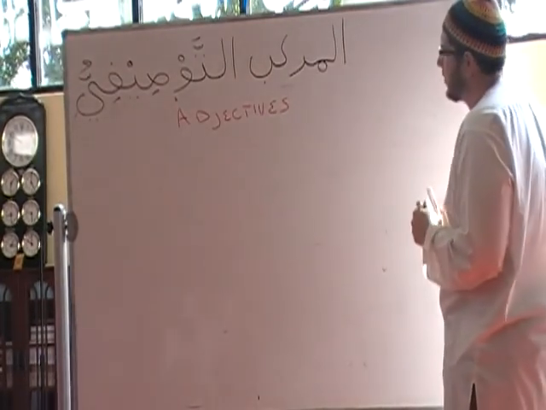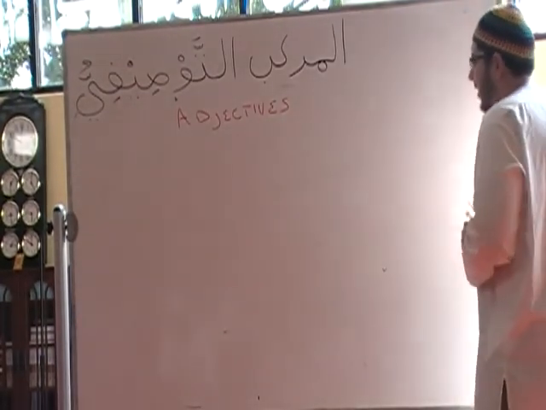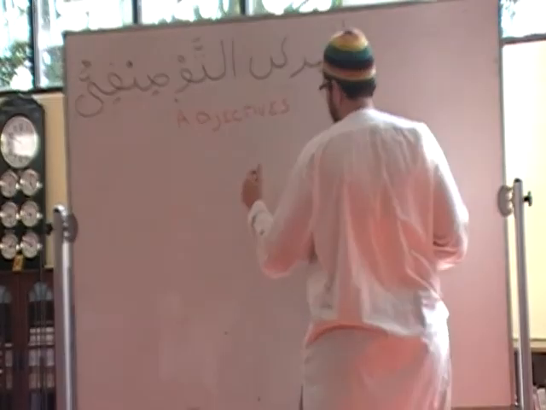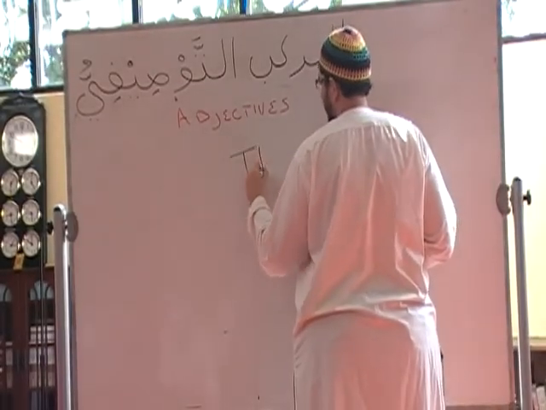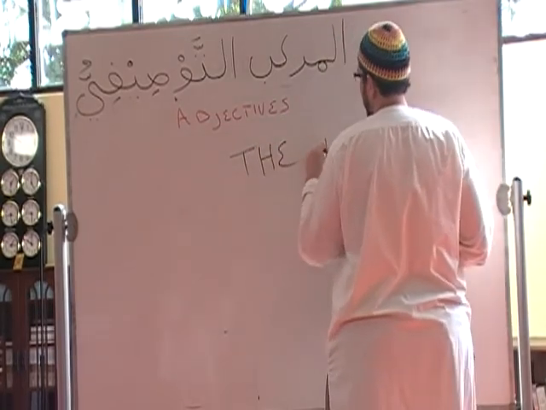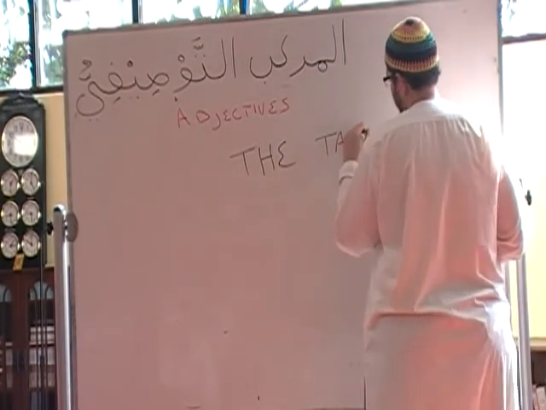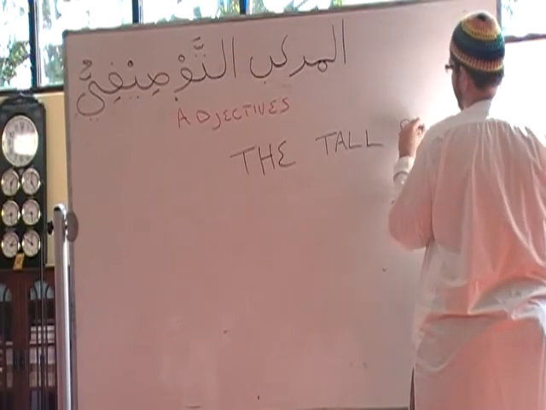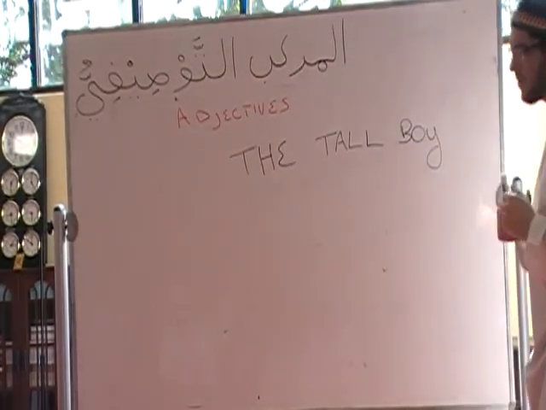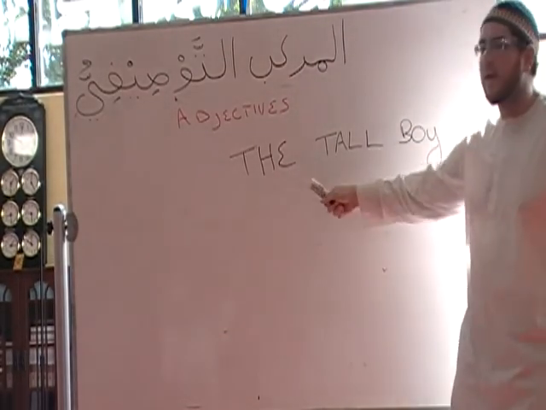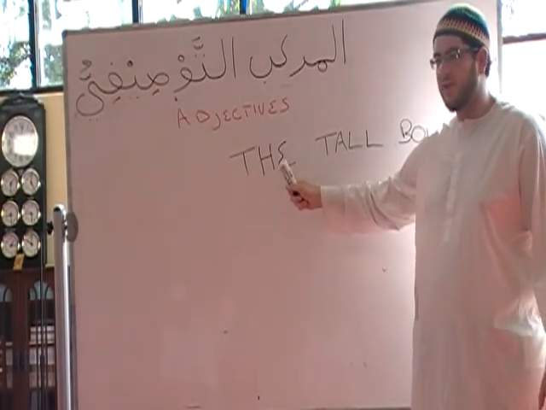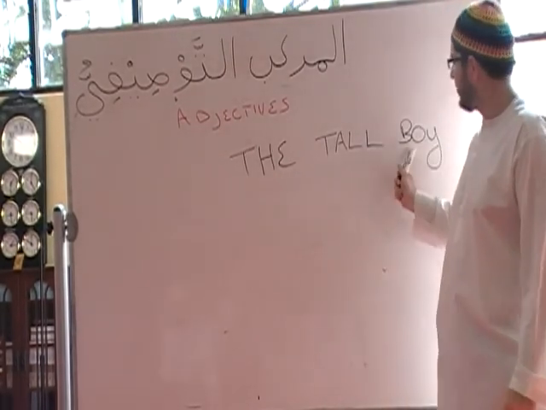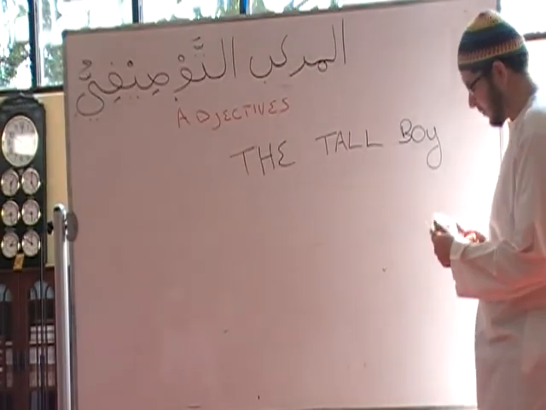In order to understand al-murakkab al-tawsifi, there are 2 components to the word. The tall boy: this is 3 words, but alif lam replaces "the," which is actually letters in the Arabic language, so these 3 words are actually just 2 words.